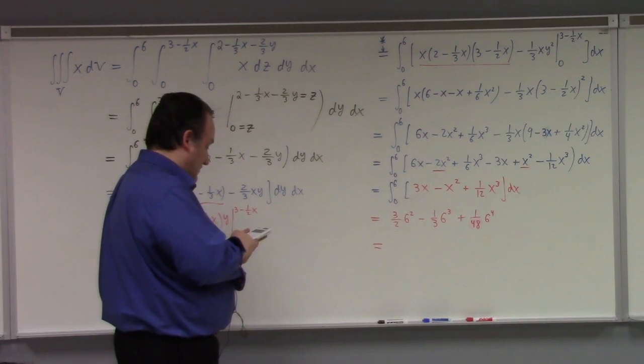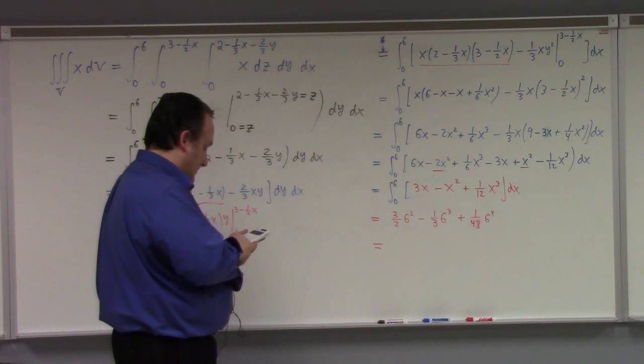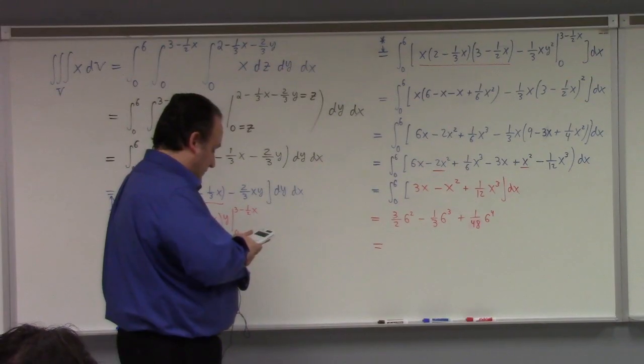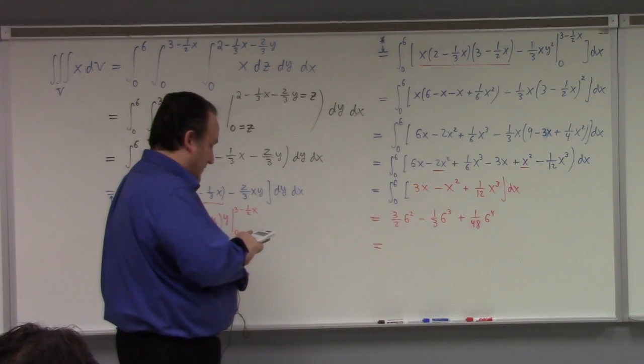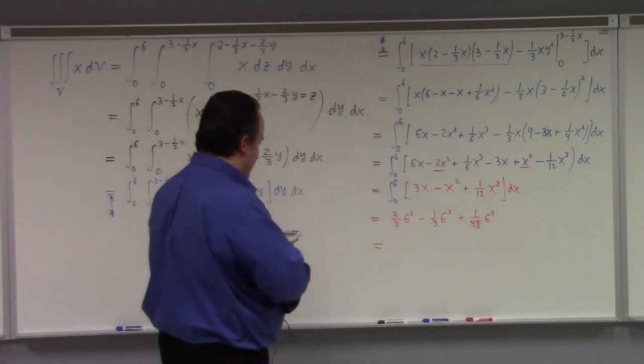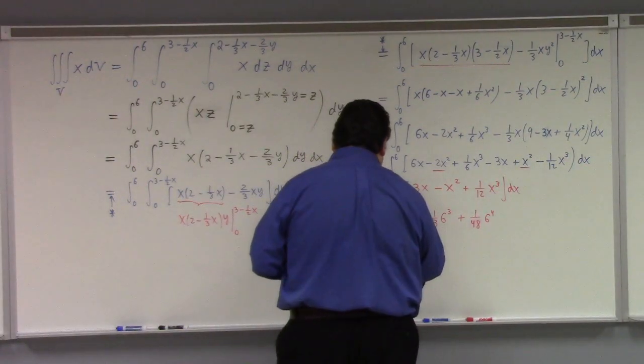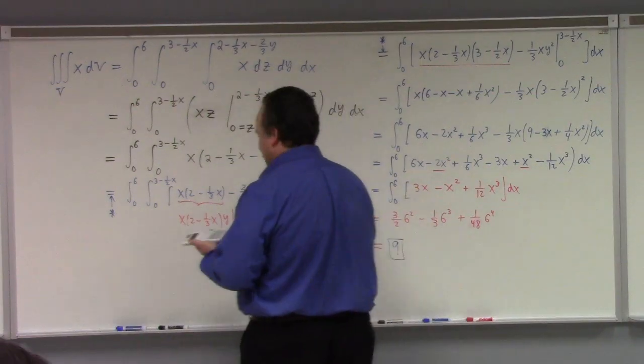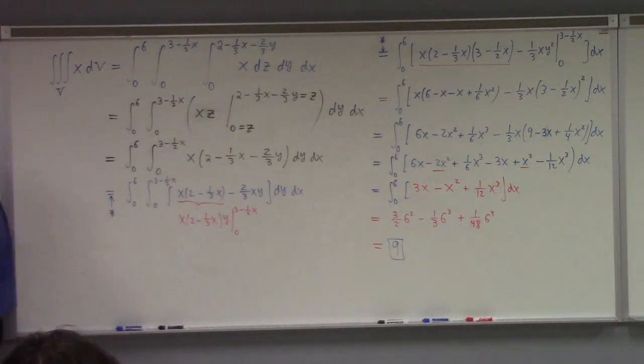All right, thank you. 3. That's minus 18 total, and then plus 6 to the power 4 divided by a 48. 9. 9 is the answer. Wow. That's cool. I just made this thing up, you know.